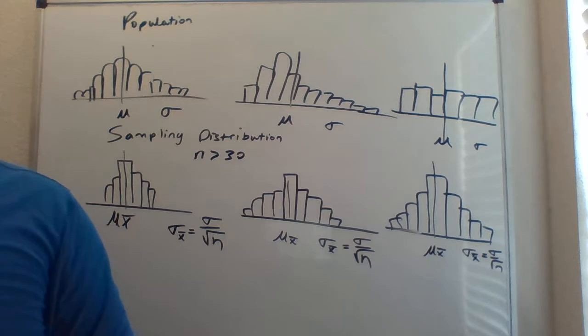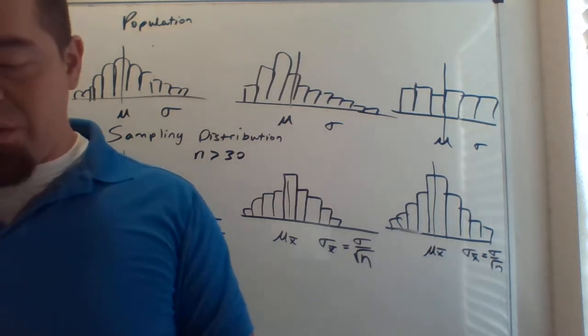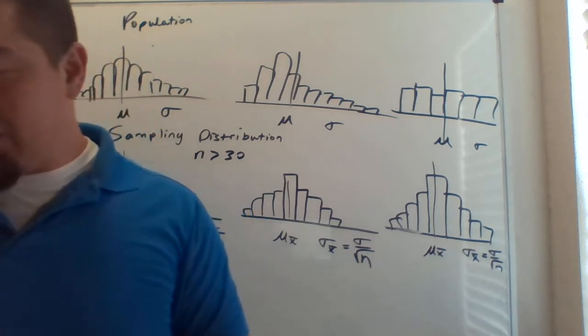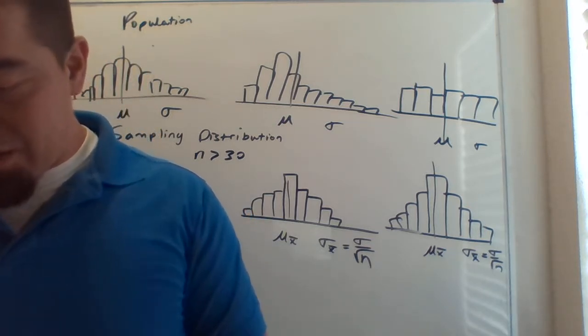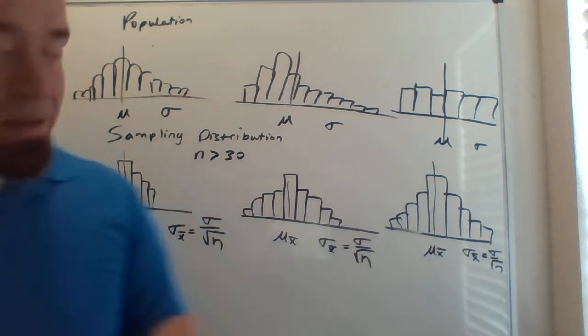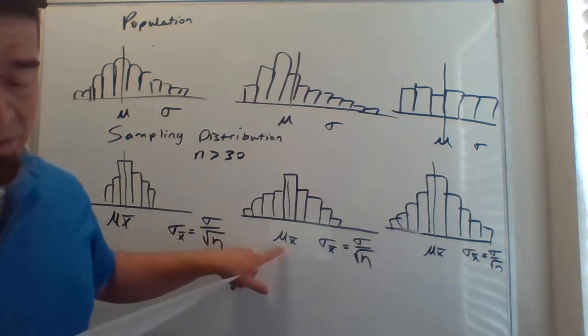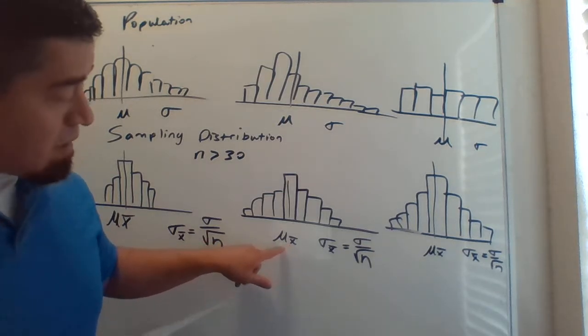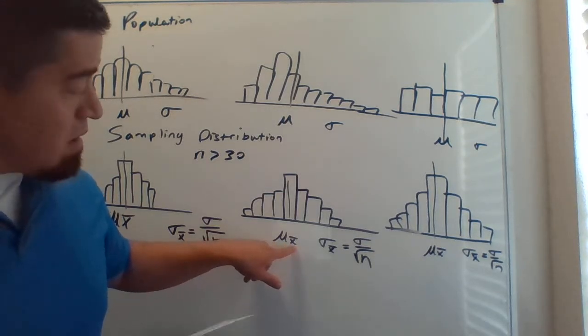The population has a mean mu and a standard deviation of sigma. Simple random samples all of the same size n are selected from the population. The mean of all values of X bar is denoted by this notation, mu sub X bar, or really it's the mean of the sampling distribution.